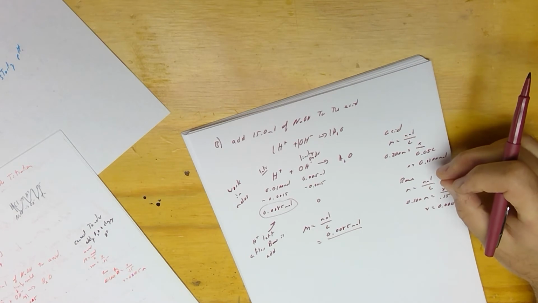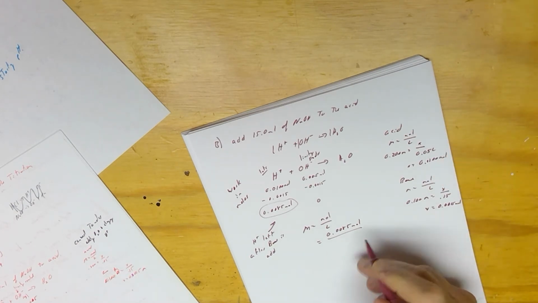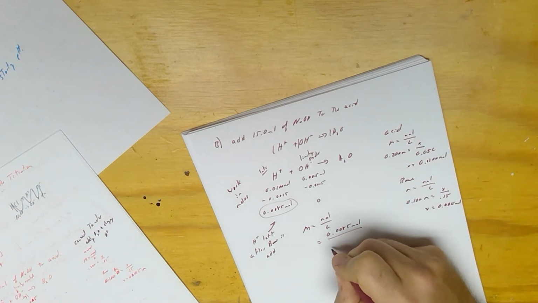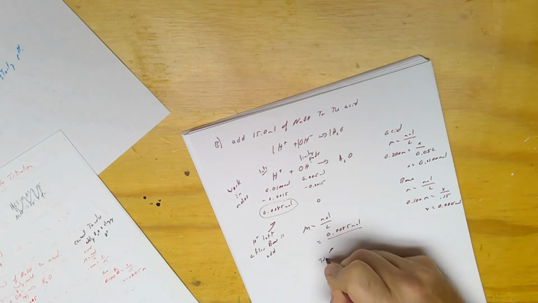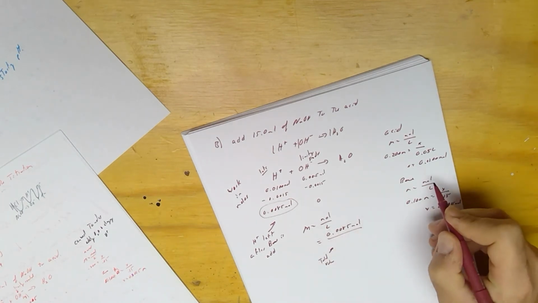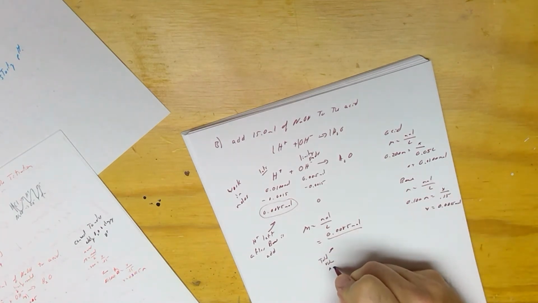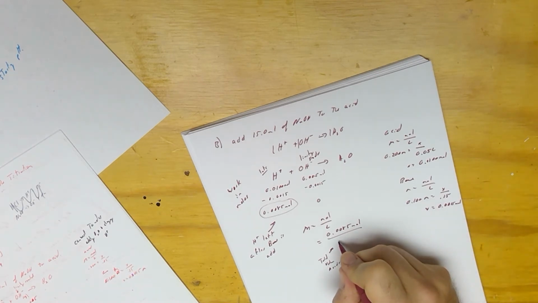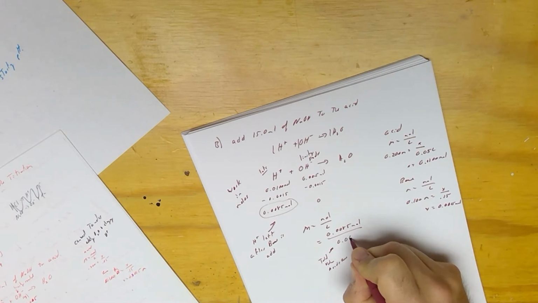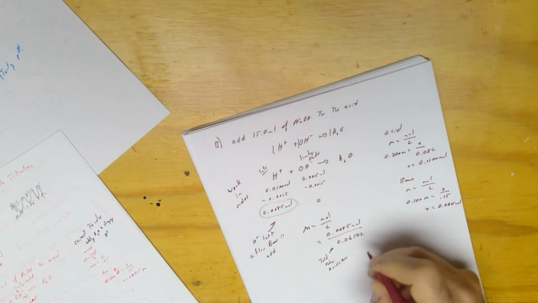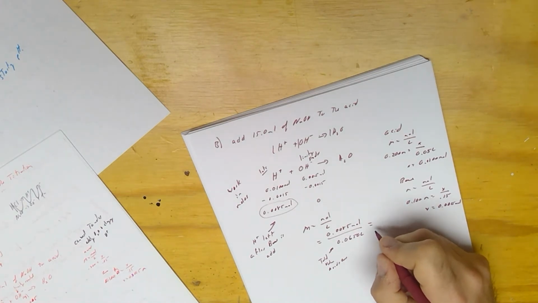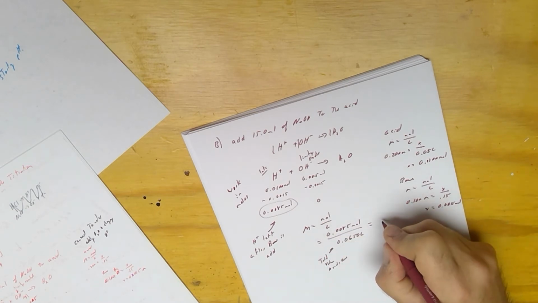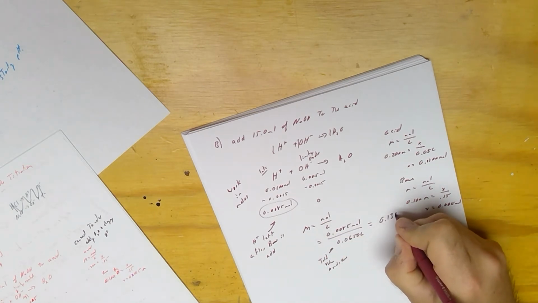So I've put those together. This is going to be my total volume, so I have to add the acid and base that I used. So this ends up being 0.0650 liters. So the new concentration of H plus is 0.13 molar.